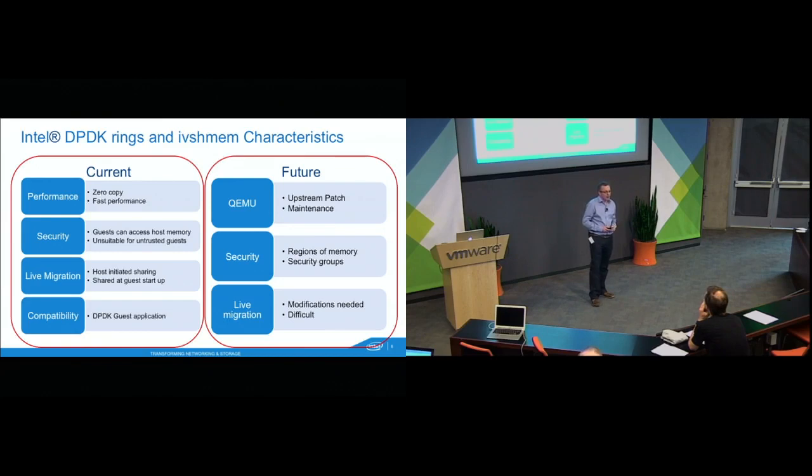Instead of sharing the full 1 gig huge page with each guest, it is possible to share just the individual rings with guests. That cuts out a lot of the security concerns in terms of shared memory. There's a full library of DPDK code that supports creating the command lines you need for that, and the patch for QEMU is available too.